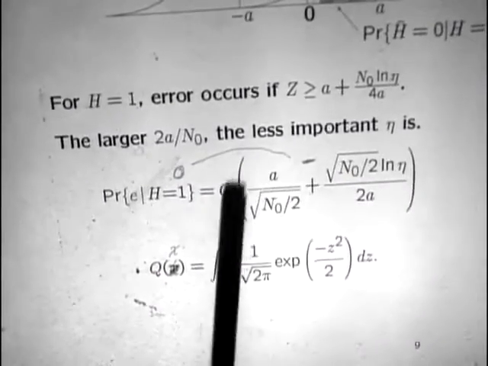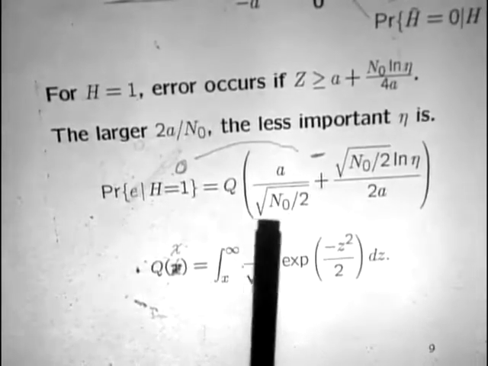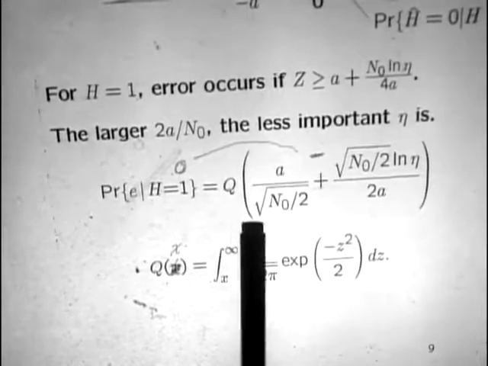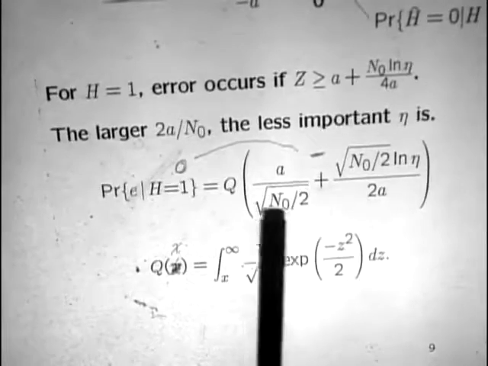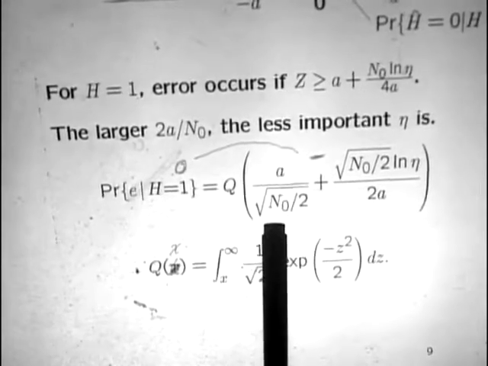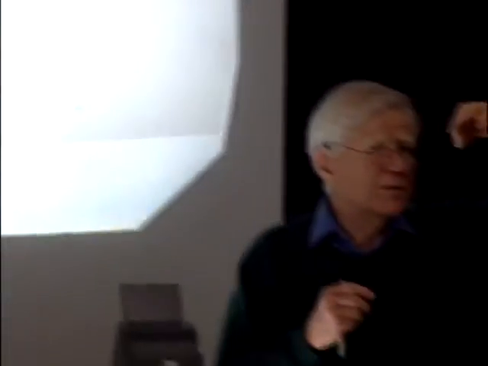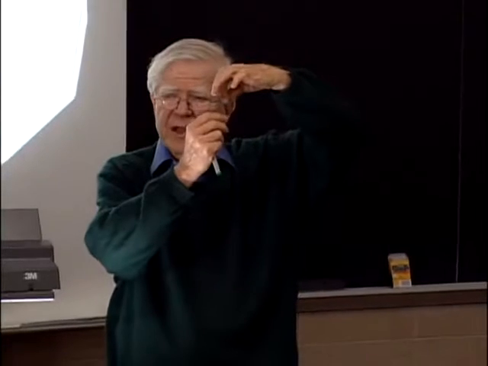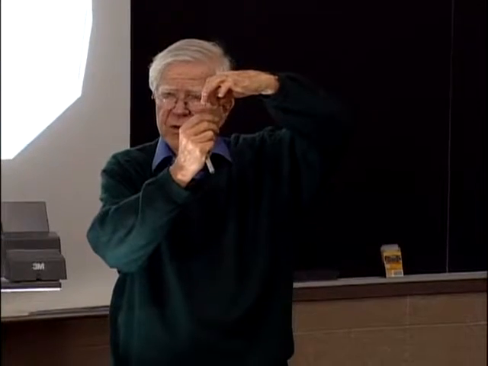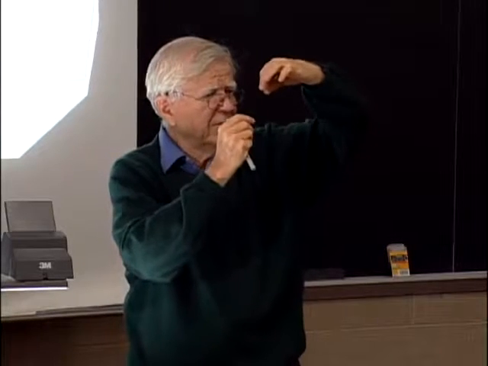Okay, but now we're taking the ratio of A with the square root of n0. Well, the square root of n0 over 2 is really the standard deviation of the noise. So what we're doing is comparing the amount of input we put in with the standard deviation of the noise. Now, does that make any sense? The probability of error depends on that ratio.